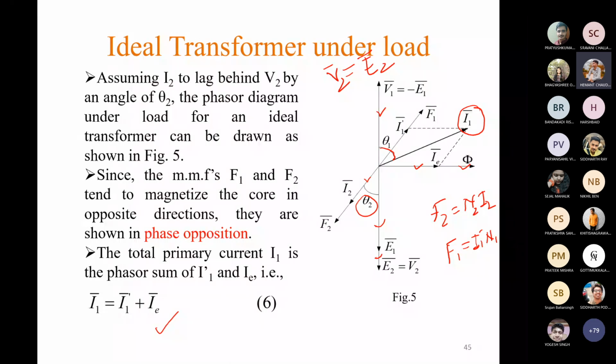And F1 is opposite to that of F2 and equal in magnitude, because it has to be equal, otherwise it cannot nullify F2 fully. And that F1 is equal to I1 dash, which is the load component of the primary current, into the number of turns in the primary, that is I1 dash N1.